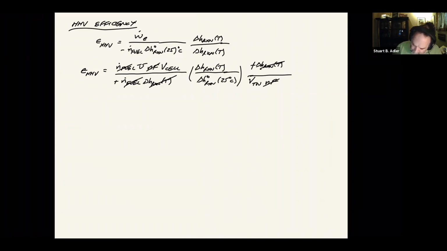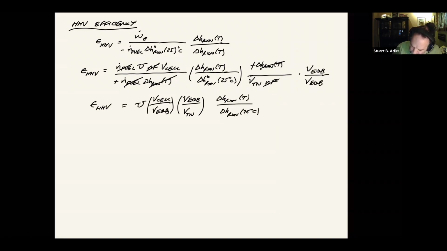Now I'm going to also multiply by V equilibrium divided by V equilibrium. So we're going to have the fuel utilization. We're going to have V cell divided by V equilibrium. Okay, I think that's all the factors that we end up with.